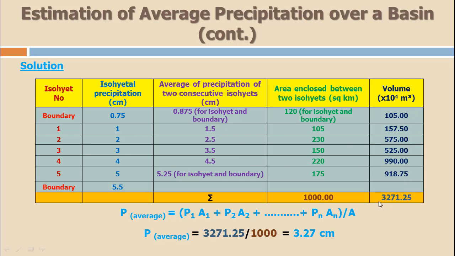After multiplication, you can add all these values, so the summation of all these values is this much, and the summation of the area is 1000, which is already given.